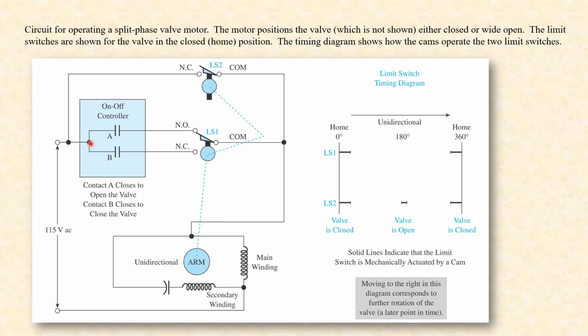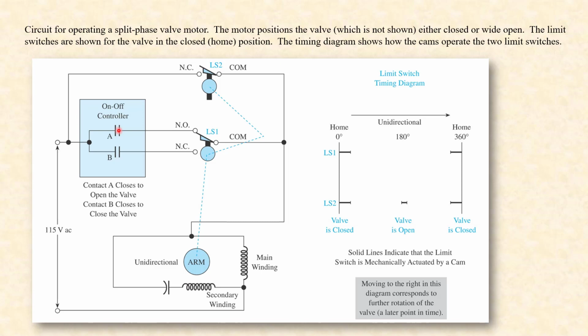If it's calling for close right now, I can't get power to it. So right now, this is in the closed position because there's no way that we can tell it to go closed. So stay with me here. Let's assume it's in the closed condition and that this motor turns clockwise. Since it's in the closed position, the only thing that I can do is tell it to go open.